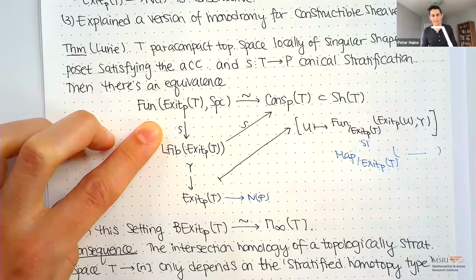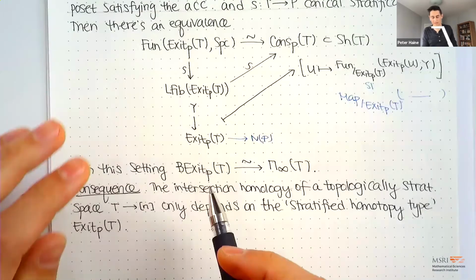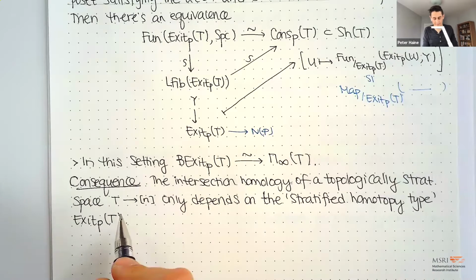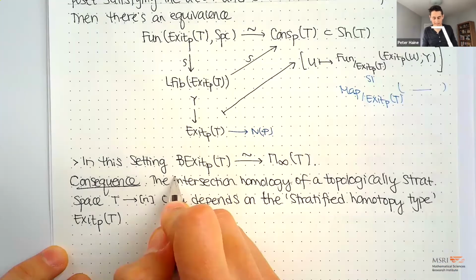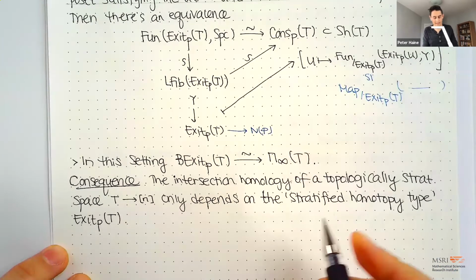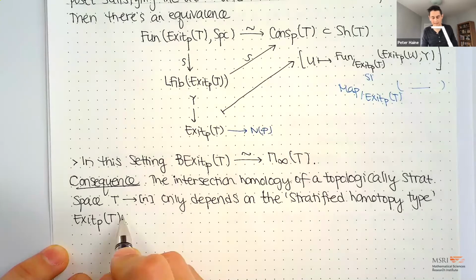So even some very important things that people considered somewhat classically only depend on this exit path category.